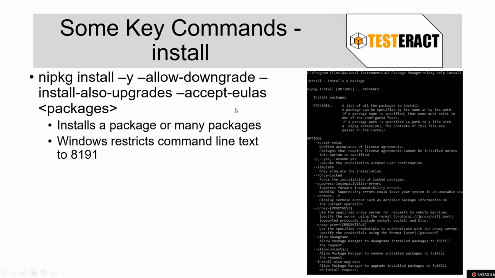Some other commands that I use a lot are the install, of course. Sometimes I don't like going through feeds because they're slower and people have to manually do it. If you want to automate updating your machine with packages, you want something to state your machine essentially, you want to go through the CLI to push those packages out. And one of the flags that you can pass is allow downgrade.